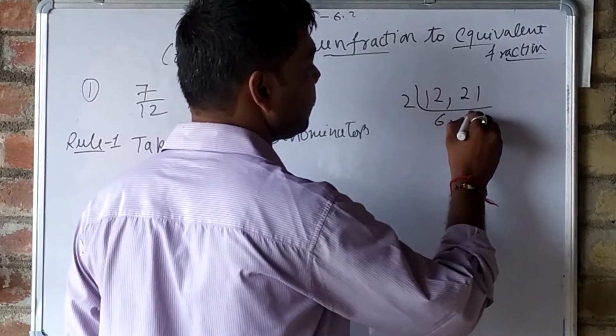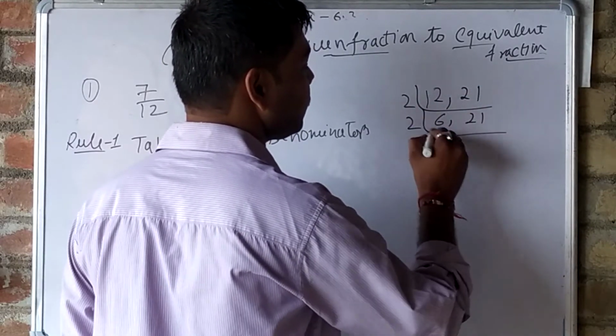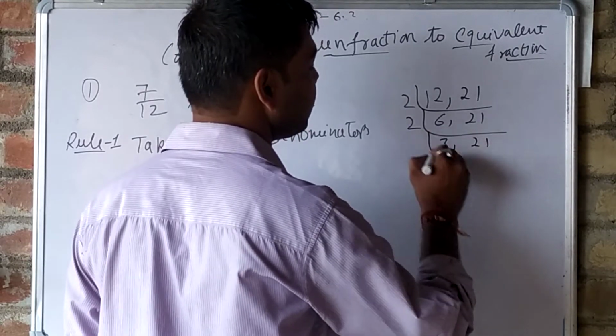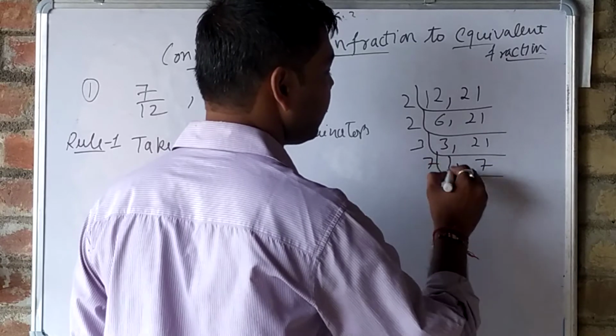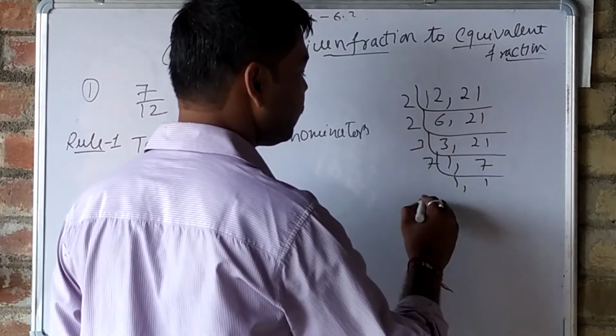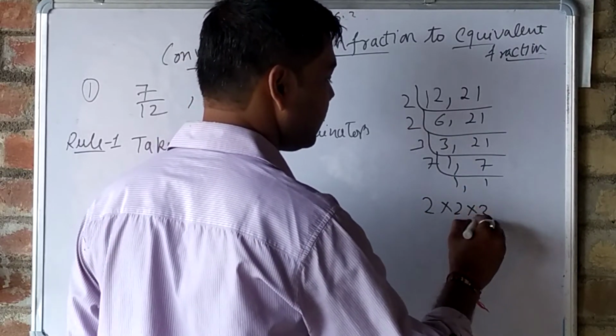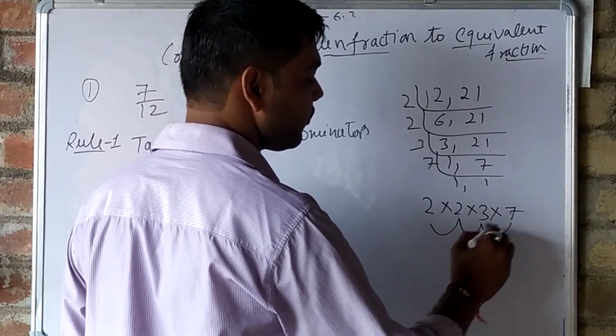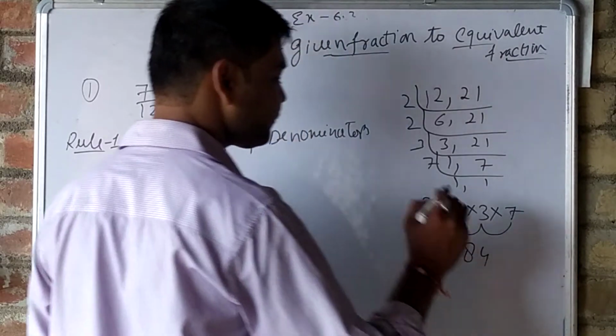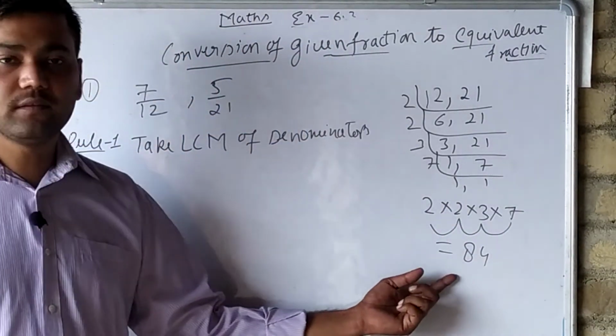2 6s are 12, 21 will be as it is. 2 3s are 6, 21 will be as it is. Now 3 1s are 3, 3 7s are 21. And 7 1s are 7. So 2 into 2 into 3 into 7 will be the LCM. 2 2s are 4, 4 3s are 12, 12 7s are 84. 84 will be the LCM.